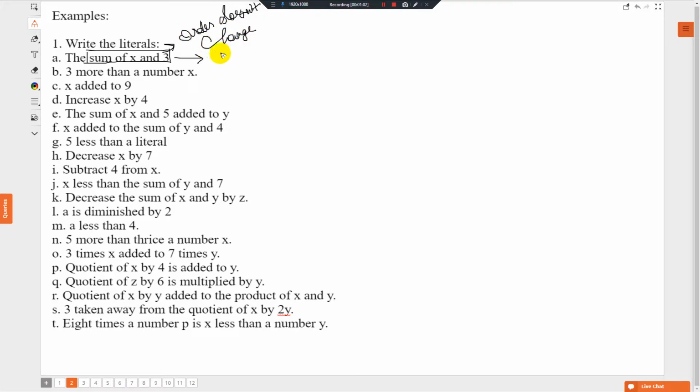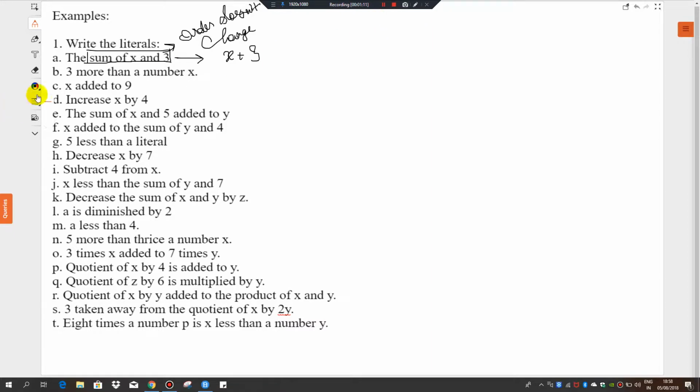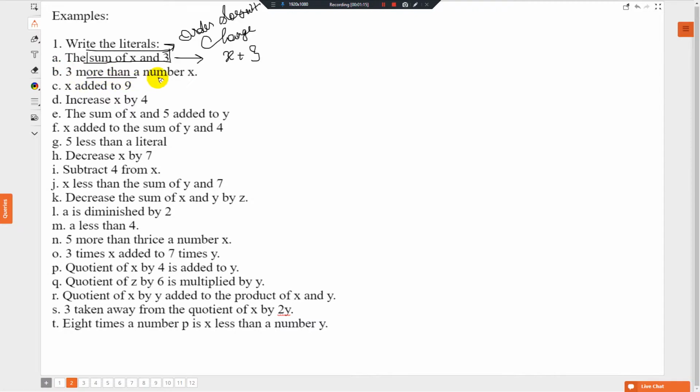So what will that be? Sum means addition. So x plus 3. Now here, 3 more than a number x.